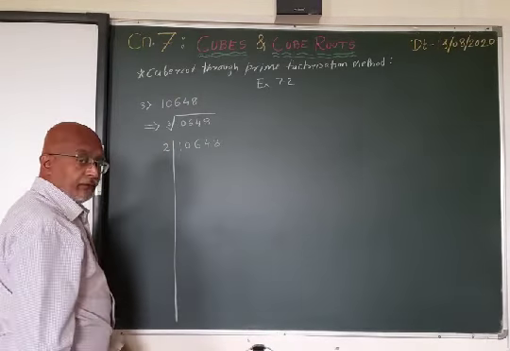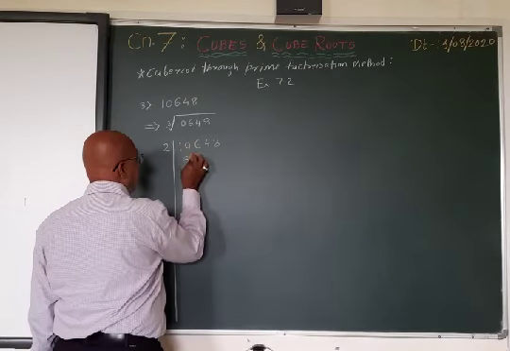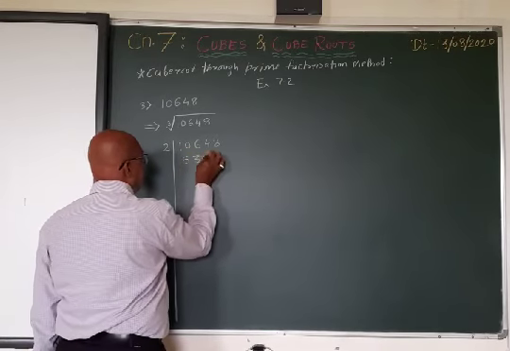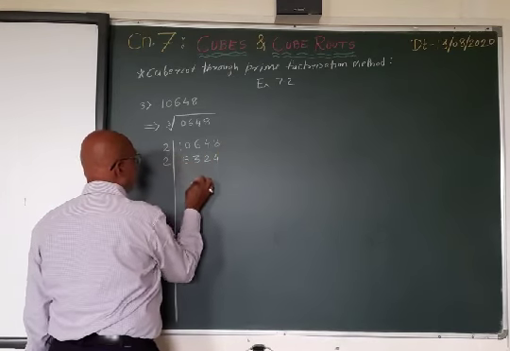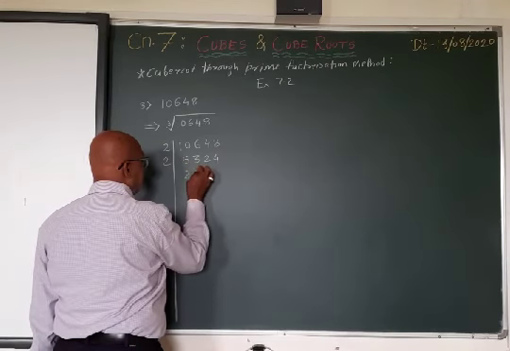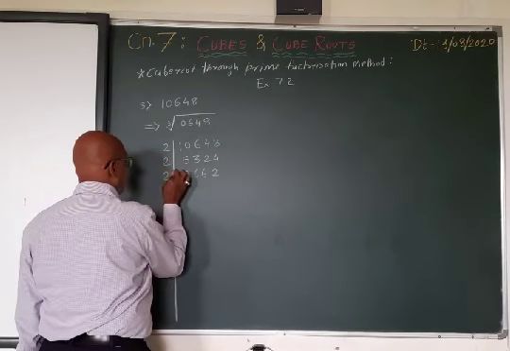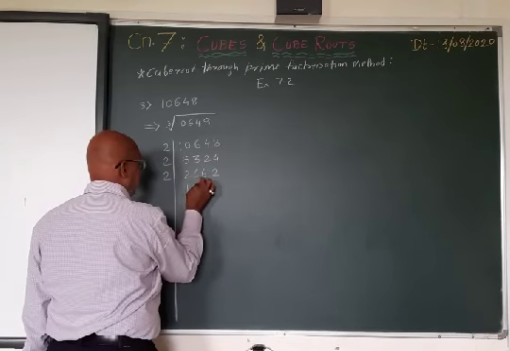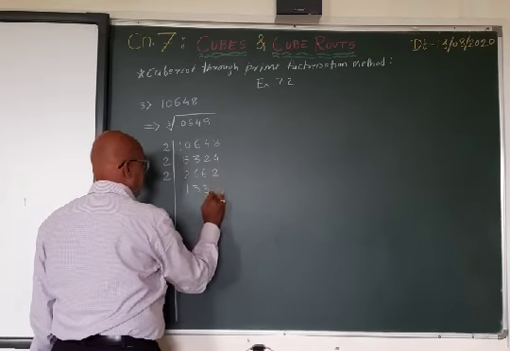So we divide by 2. We get 5324. Again by 2, we get 2662. Again by 2, 1331.